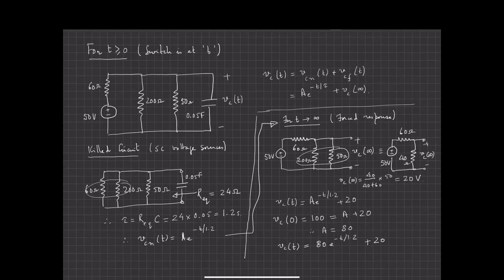And so this is my solution for t greater than or equal to 0. All right. So let me plot this function for you. Let me now plot the entire Vc of t for all t. All right. So let's go on to the next page.